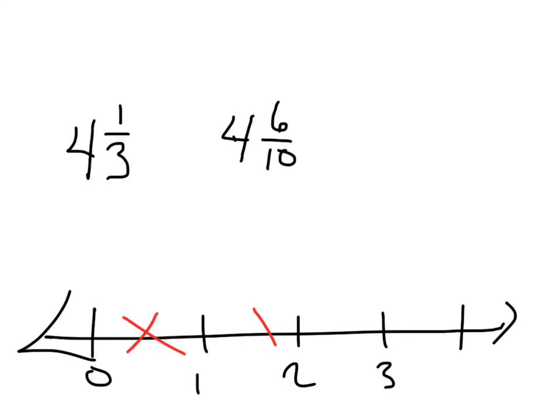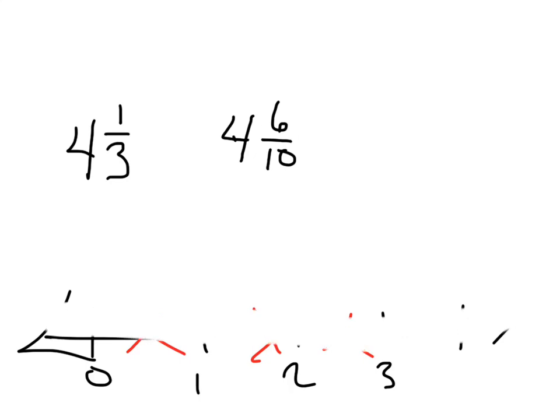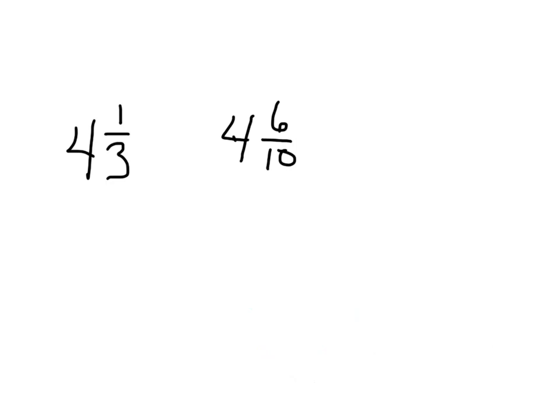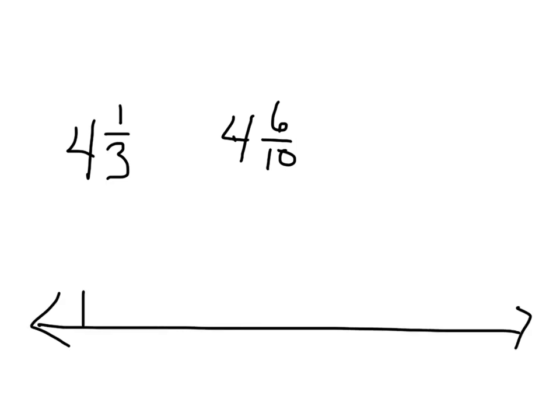I don't care about that or that or that, right? That's not useful. So let's see if we can erase this right here. We don't need a number line that big. What do we need? We need a number line that's just going to show me the fractions that are between 4 and 5, right? So let's make our number line go from 4 to 5.